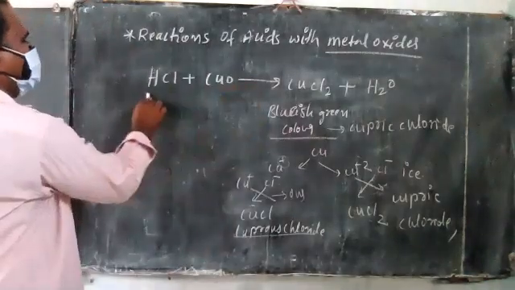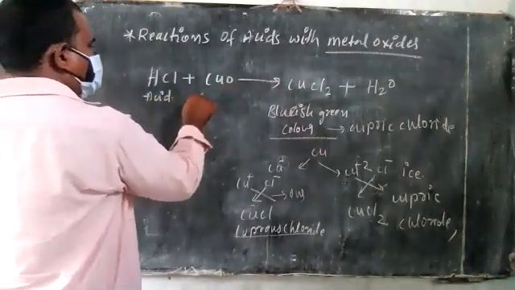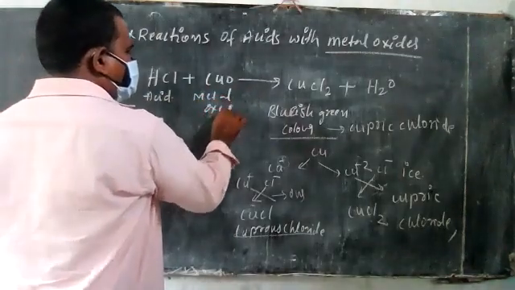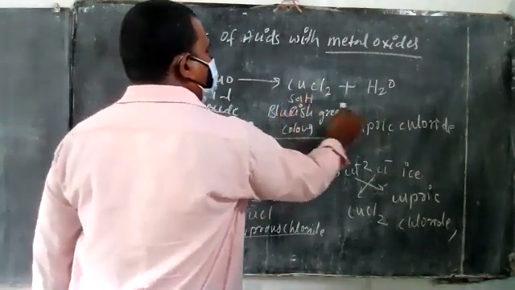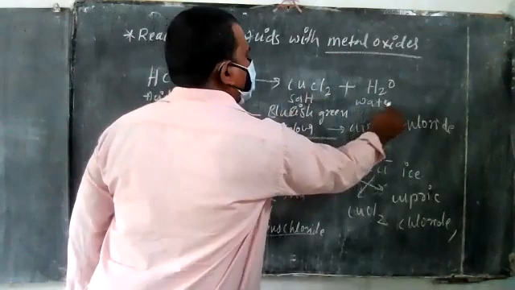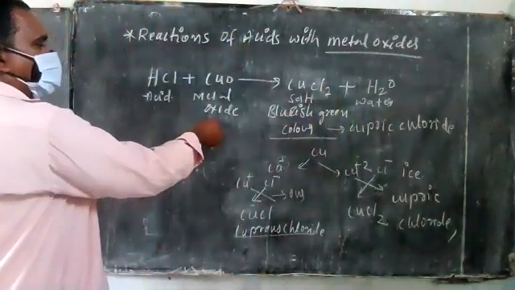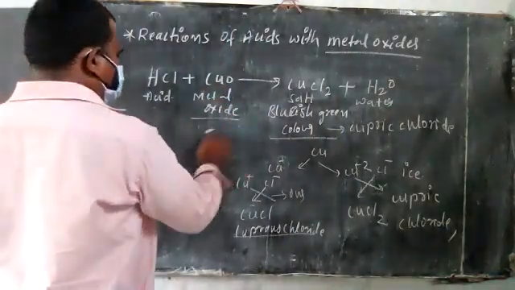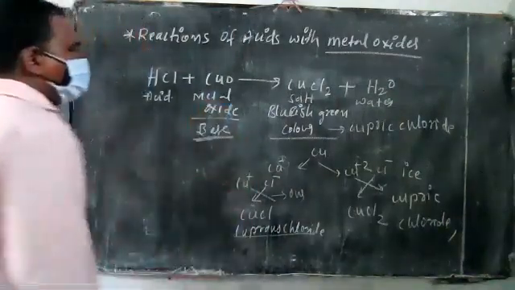So now the acid reacts with the metal oxide to form a salt and water. How are the salt and water forming? An acid reacts with a base. So the metal oxide stands for a base.